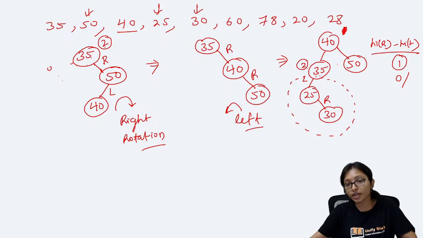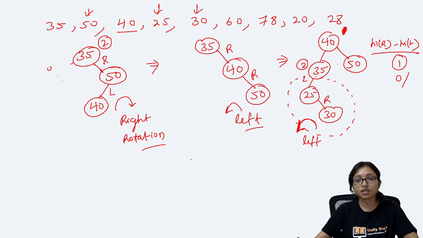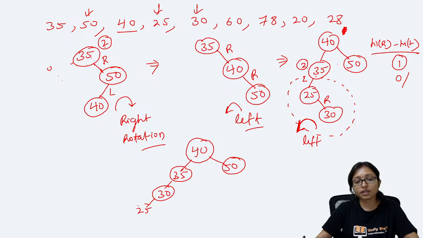For changing to left, left, I need to do a left rotation here, right? So whenever I am doing the left rotation, how does it look? 40, here is 50 as it is. After that 35 will be here, 30 will be here, and 25 will be there.